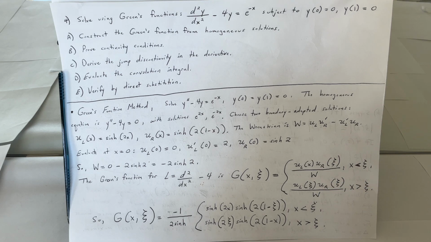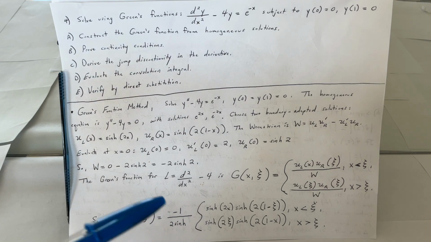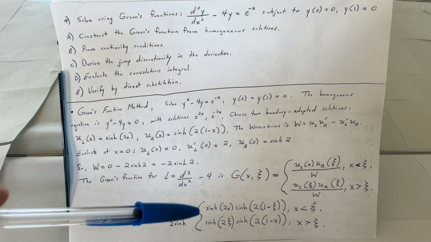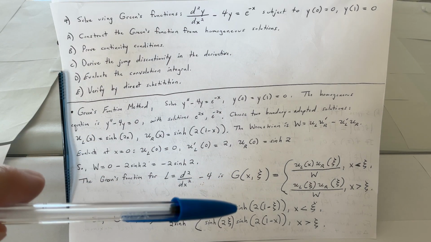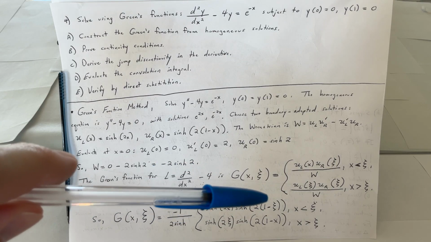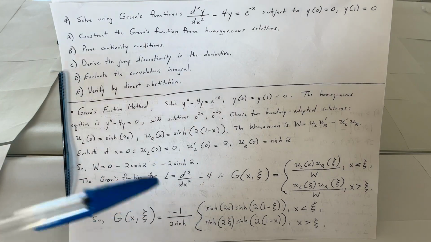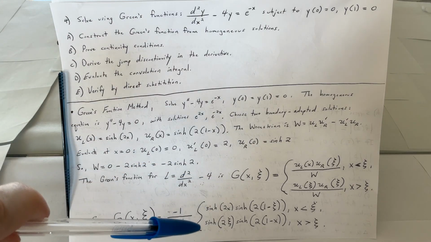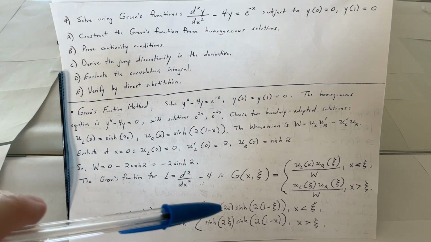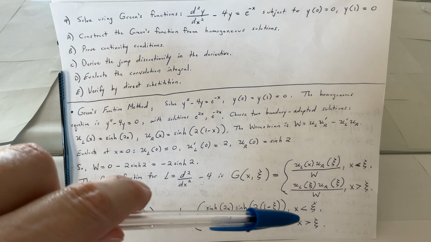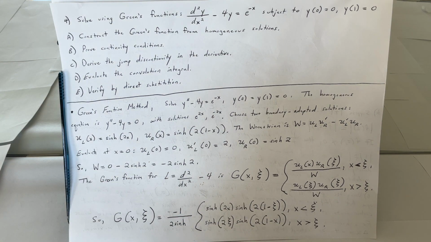So we wind up with g of x comma psi equals negative 1 over 2 hyperbolic sine 2, times piecewise: hyperbolic sine 2x, hyperbolic sine 2 times quantity 1 minus psi, where x is less than psi; and hyperbolic sine 2 psi, hyperbolic sine of 2 times the quantity 1 minus x, where x is greater than psi.